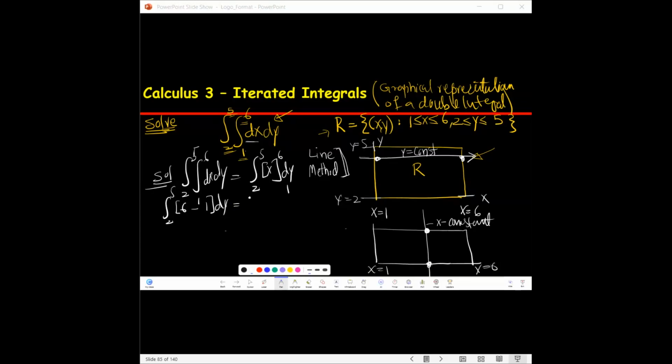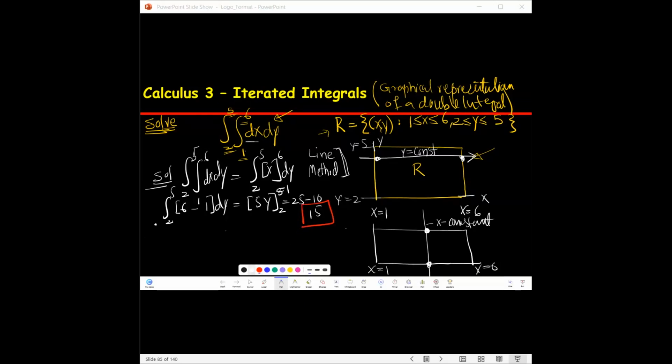It's going to be 5. And then I take the integral of 5, so it's going to be 5y. The two limits are 5 and then 2. So 5 times 5 is 25, 25 minus 2 times 5, so 25 minus 10 is 15. So let me write 15, and that is my answer.